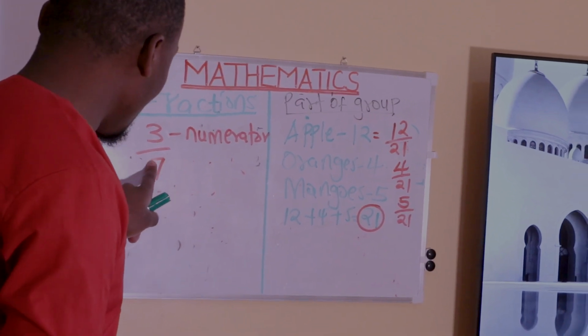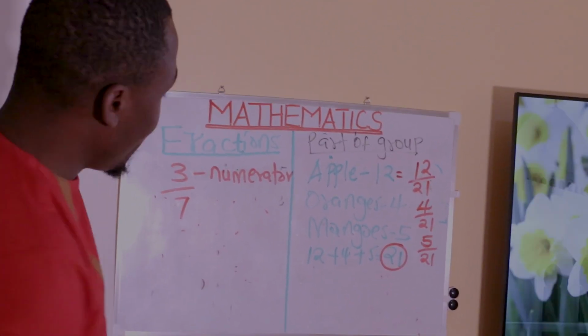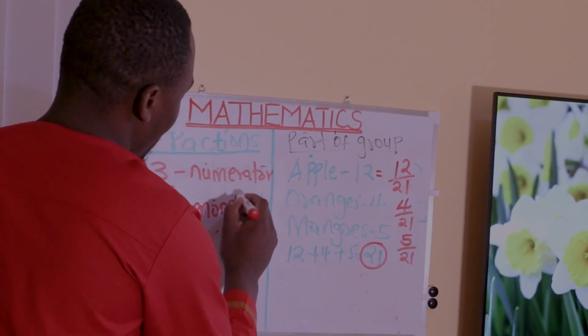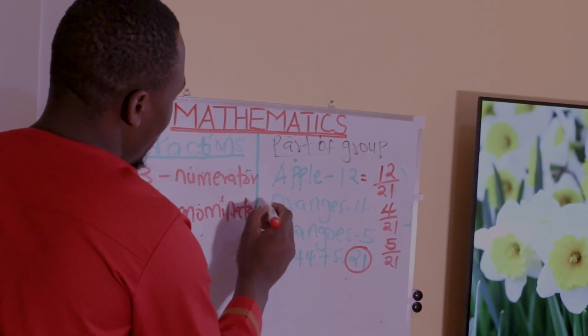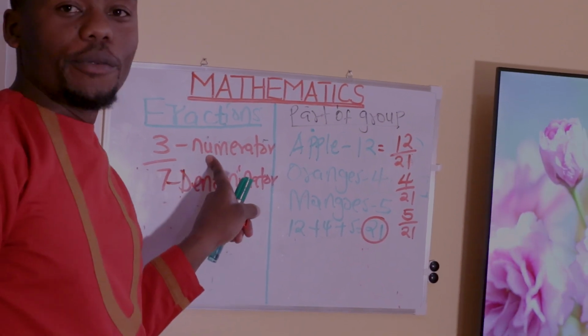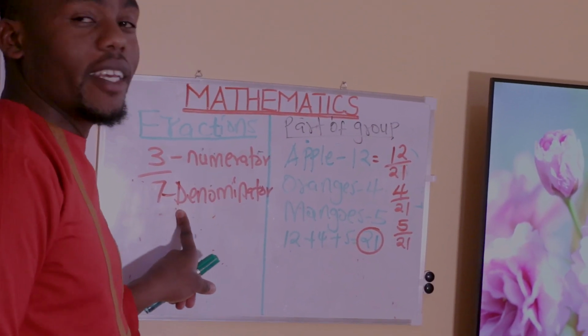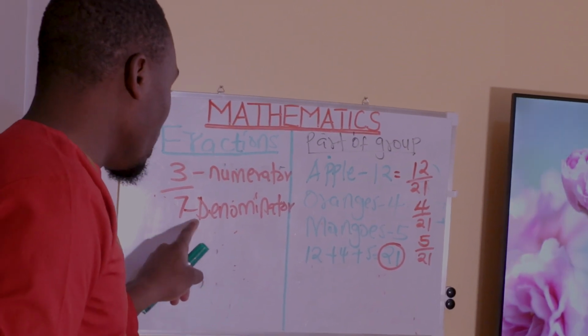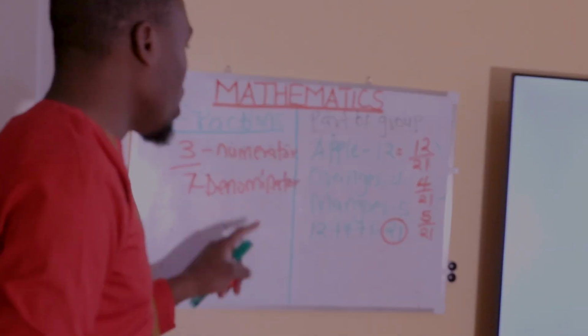Then the number that is down here, from the word down, we give it a name, denominator. So we have the numerator and the denominator. The number on top is called the numerator. The number down is called the denominator. That is how to identify a fraction. A fraction needs to have a numerator and a denominator.